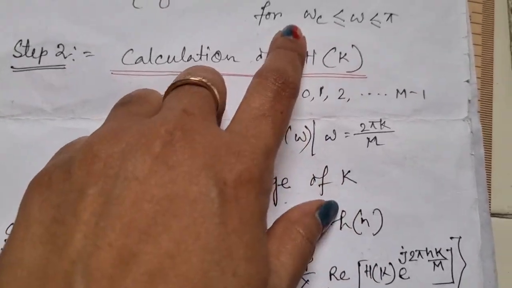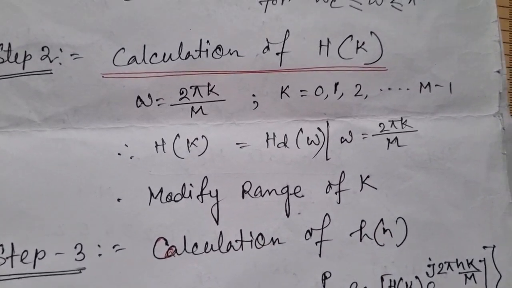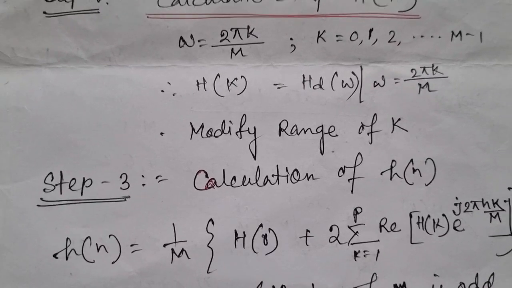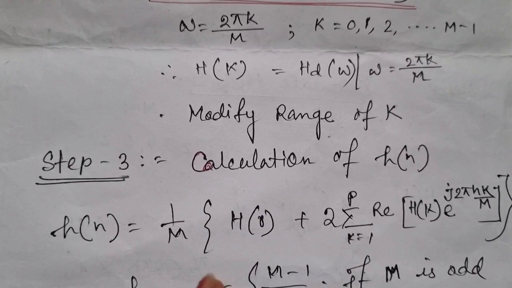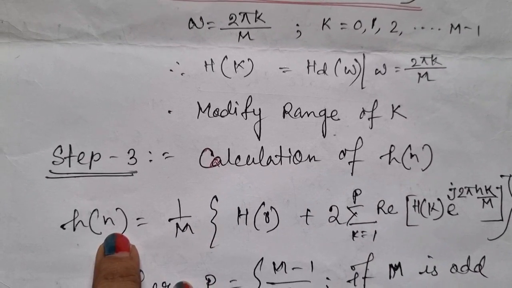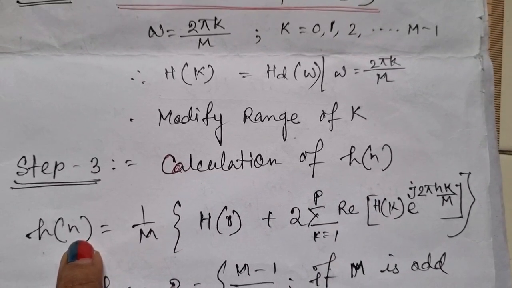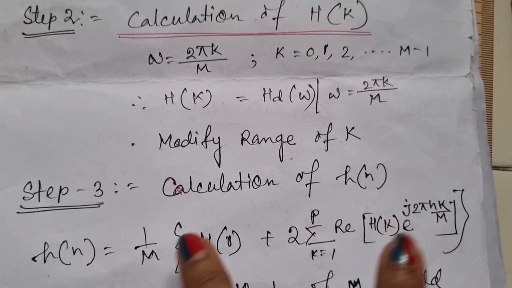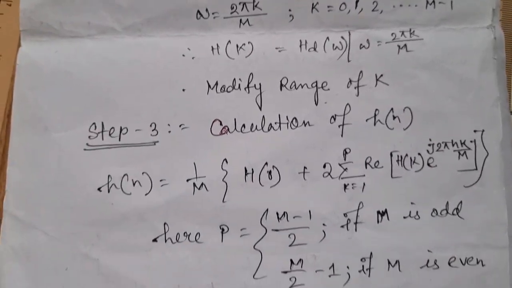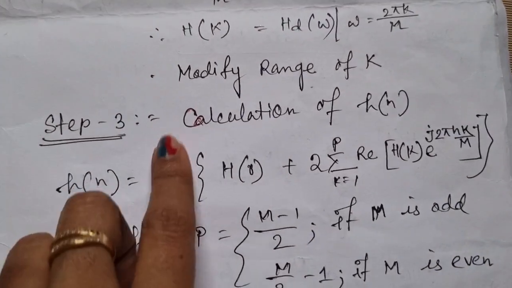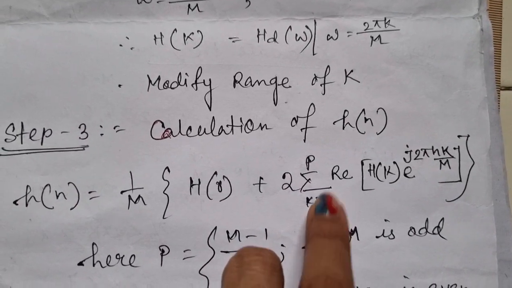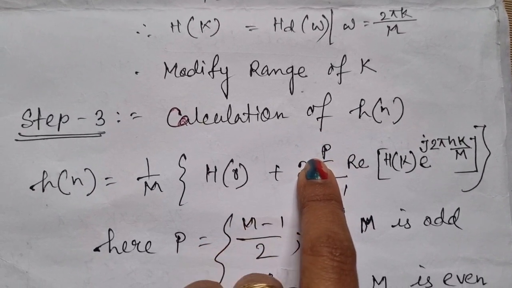As per h of k we have to find h of n, as different n is given. If your length is 7, then n will be 0 to 6. You have to put different values of n as per k, and then calculate the whole h of n. That means if we have h of 0, then 1 by m times h of 0 plus the sum for k equals 1 to p.